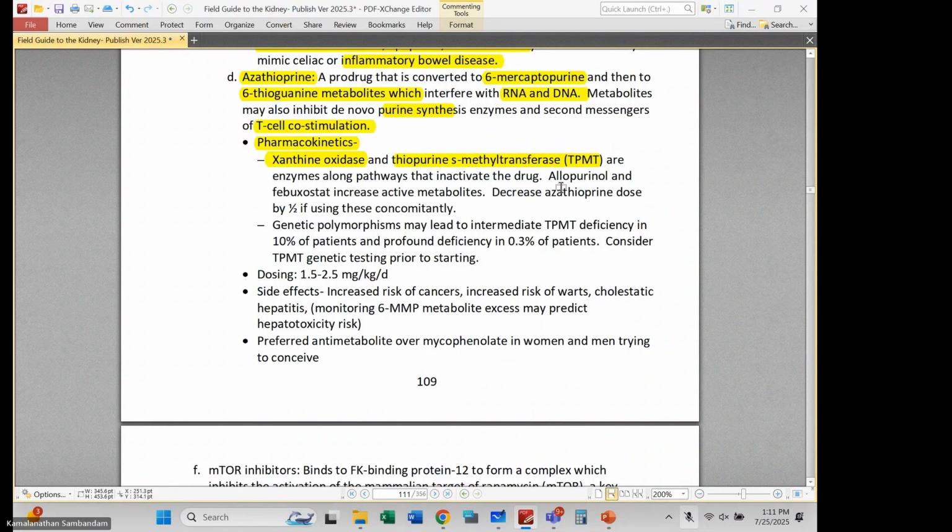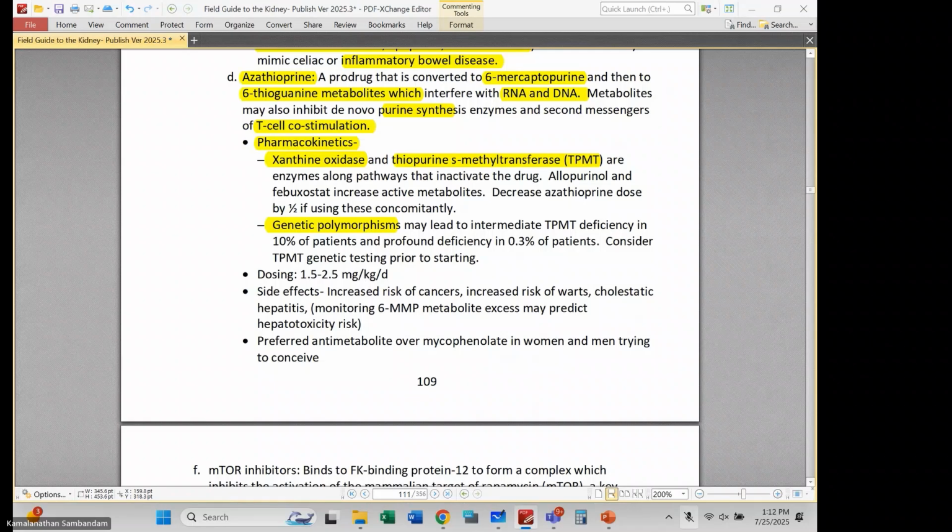Another metabolism pathway is this thiopurine methyltransferase pathway. Now this has inherited differences of protein activity, okay? There's natural variance in activity in this TPMT.